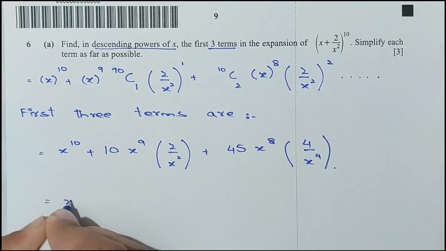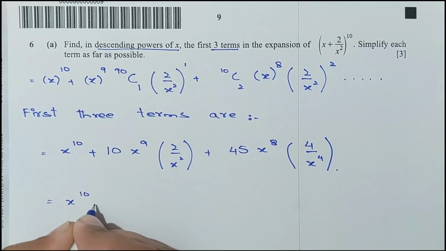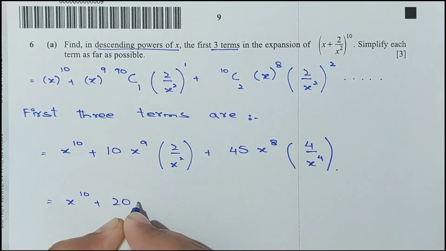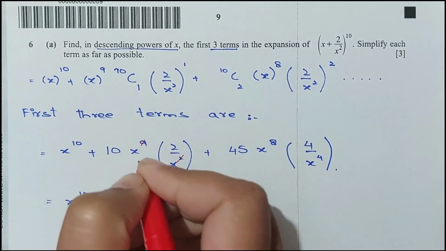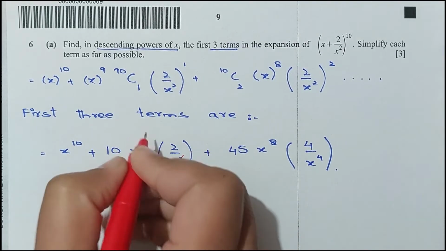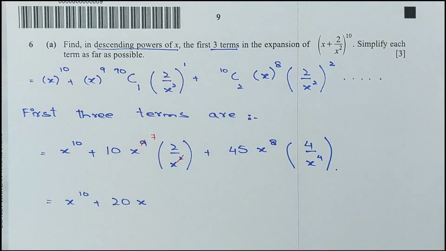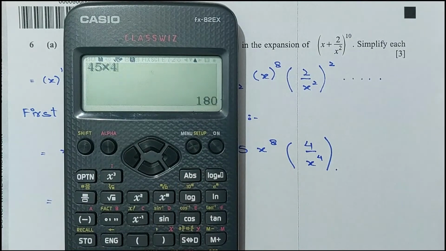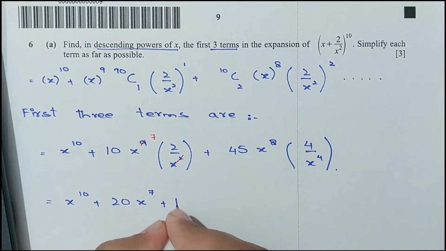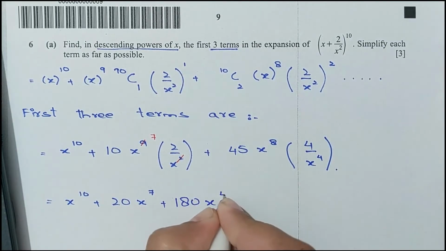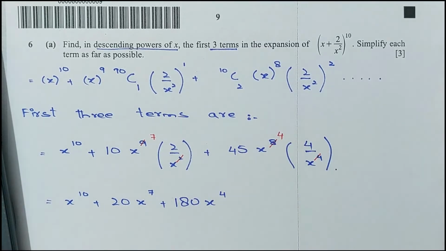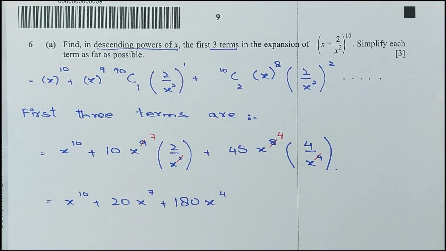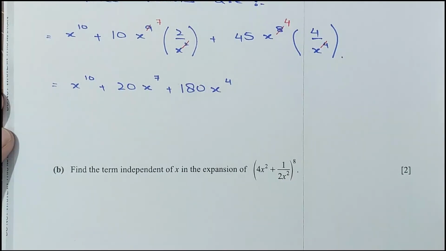So here we have x to the power 10. 2 times 10 would be 20. And x to the power 2 cancels out; from 9 take away 2, just power 7 is left. What is 45 times 4? 180. 180 x to the power 4, because 4 and 4 cancel out, just power 4 is left. So these are the first 3 terms in the descending power of the expansion.